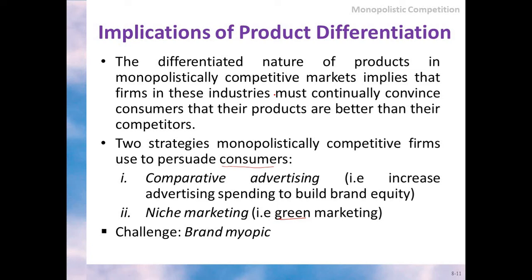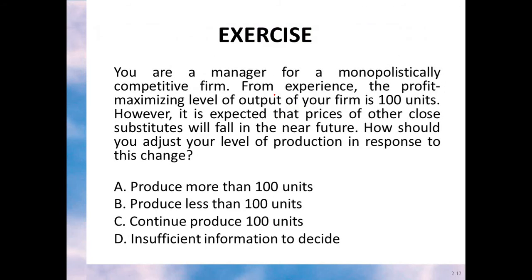But actually this is just to highlight the importance of product differentiation for firms that are operating in a monopolistic competition market structure. And if we look around, many companies actually operate in this type of market structure as compared to monopoly and perfect competition.